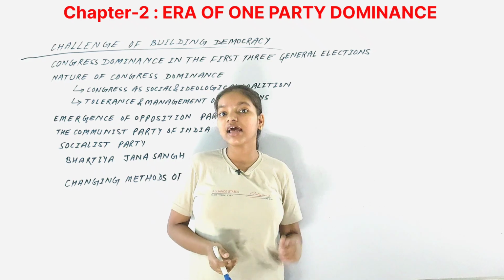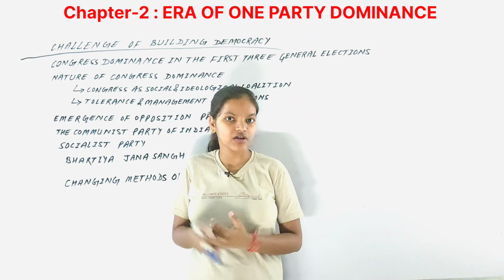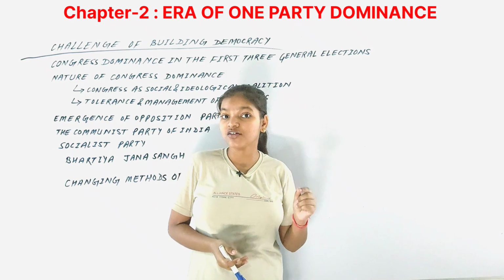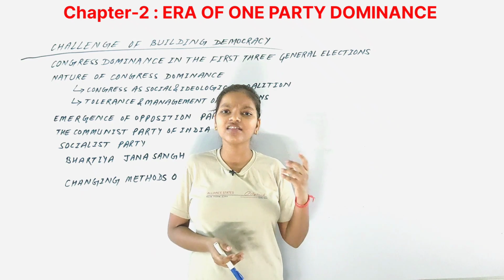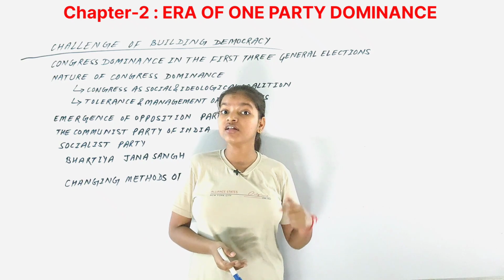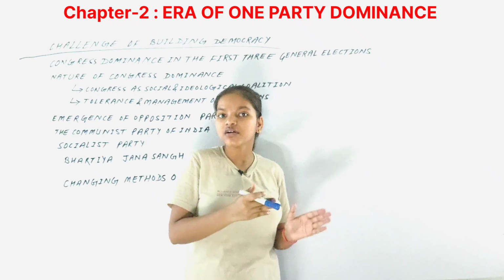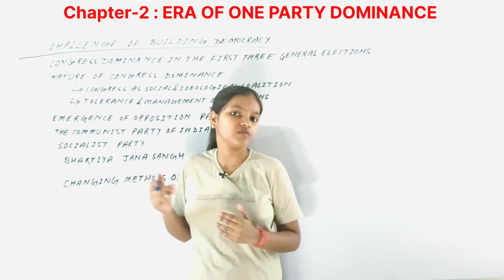Another thing was that at that time democracy was considered a luxury for prosperous countries, because it existed only in the countries of Europe and the North American continent, and even there, in many European countries, universal adult franchise had not been adopted.